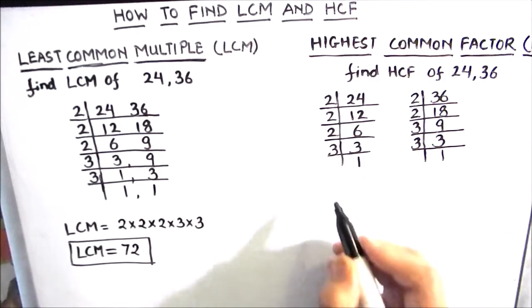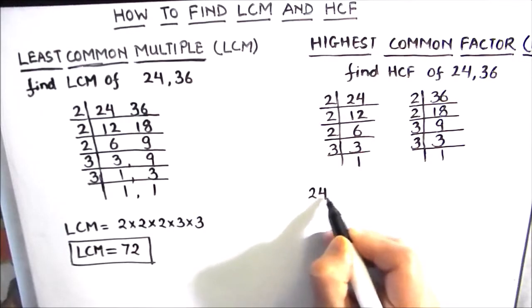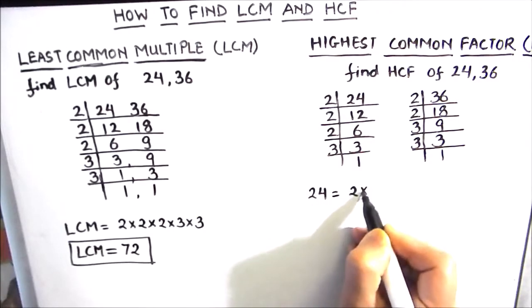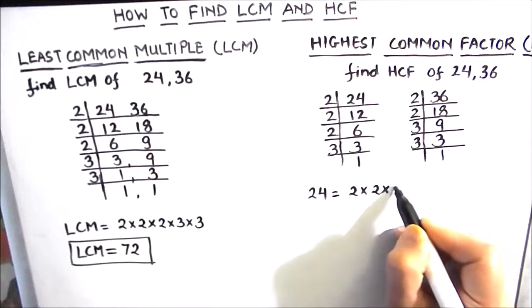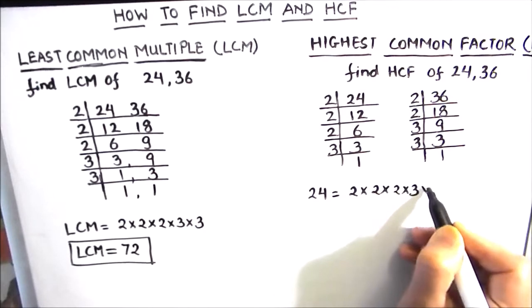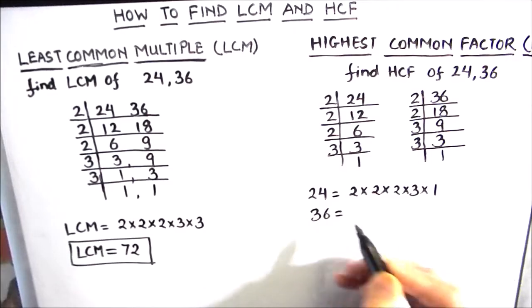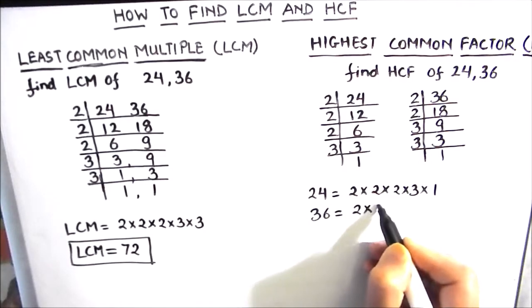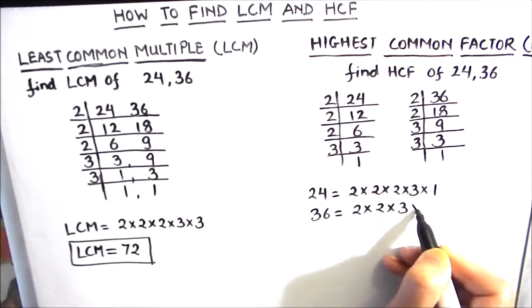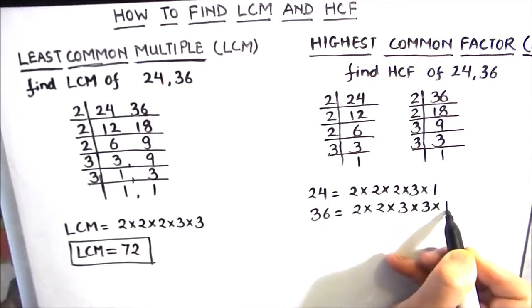So now we got the factors of 24 as 2 times 2 times 2 times 3 times 1 and the factors of 36 are 2 times 2 times 3 times 3 times 1.